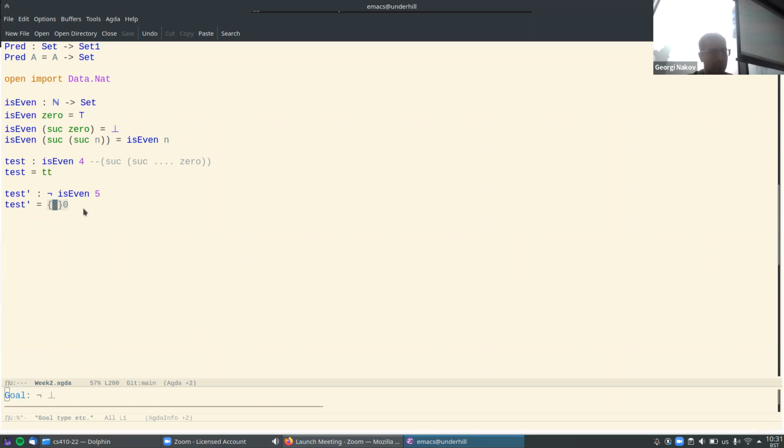then we're good. Okay, so again, here if we want to refute that 5 is even, that's pretty good news, because our goal is not is even 5, but if we ask Agda to normalize the goal, it turns out we're actually trying to prove false implies false, which is relatively straightforward.